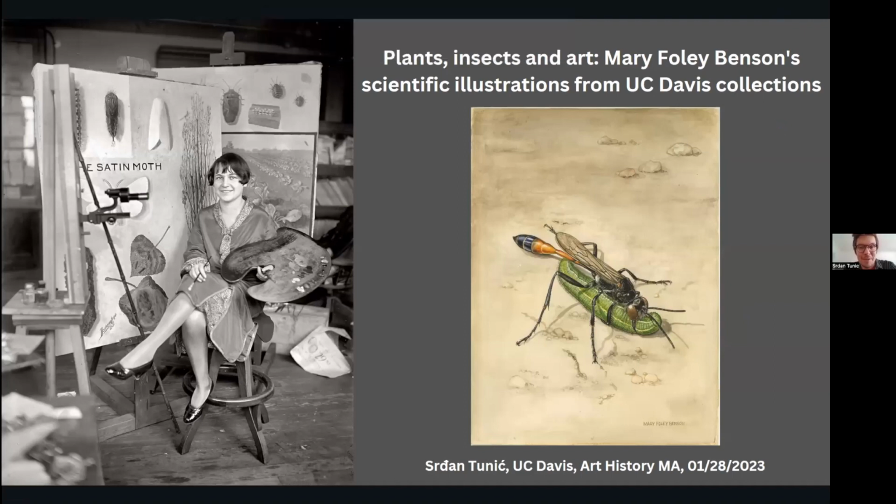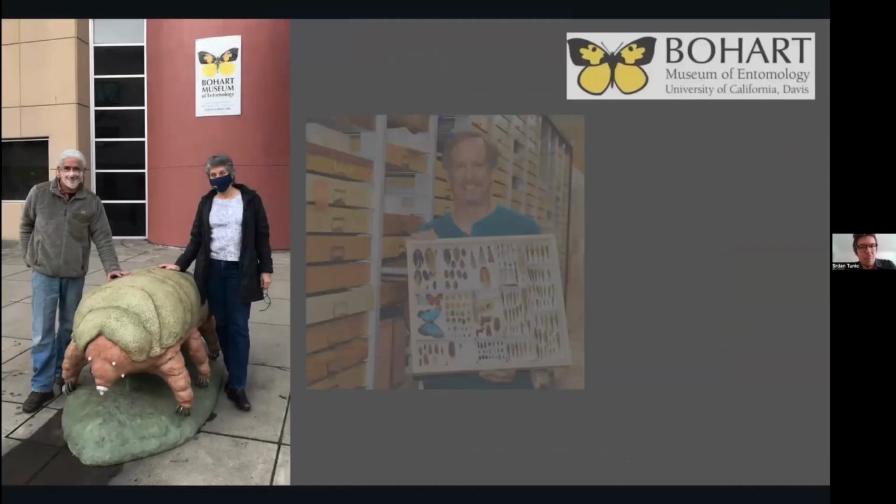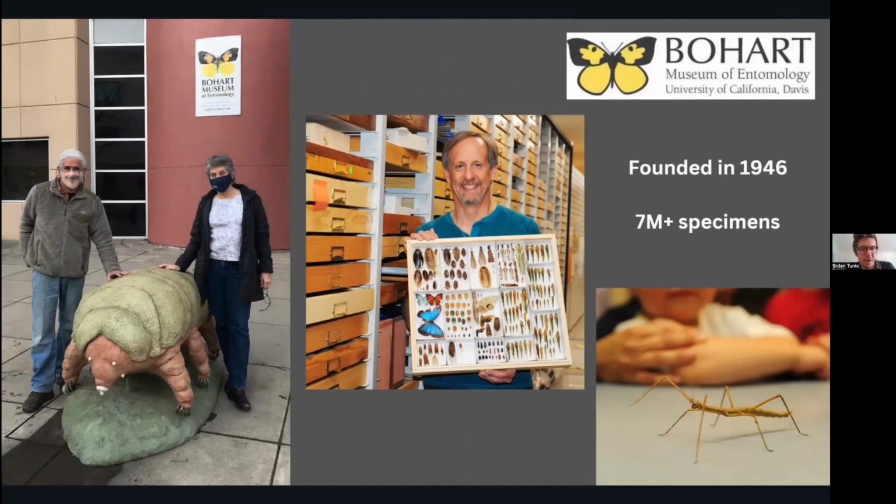So today's talk is Plants, Insects, and Art: Mary Foley Benson Scientific Illustrations from UC Davis Collections. Before I dive into how I started with this work, let me tell you about the institution where this work is at the moment. You might have heard of the Bohart Museum of Entomology.